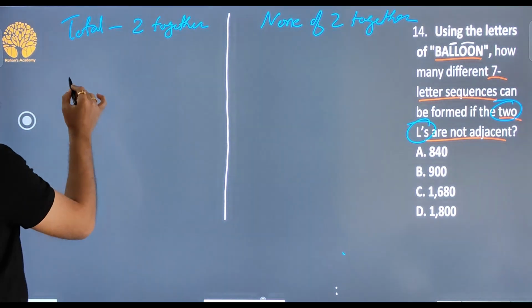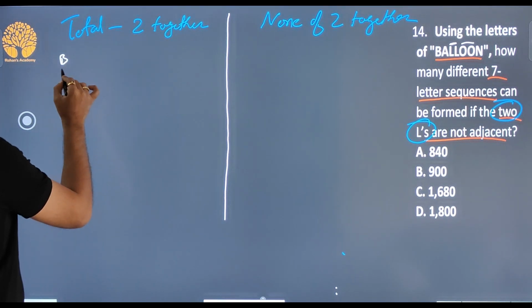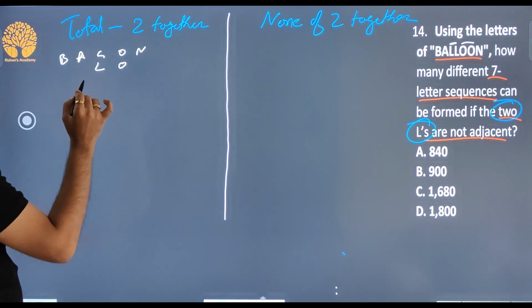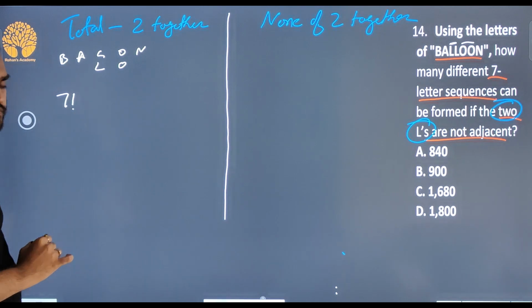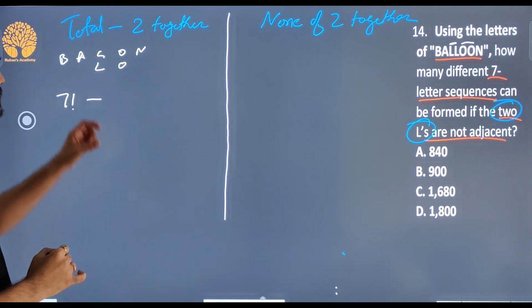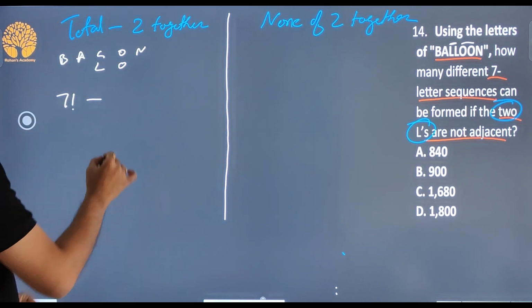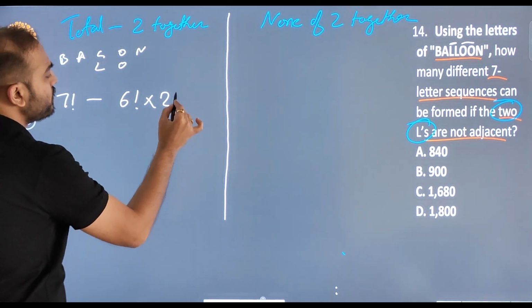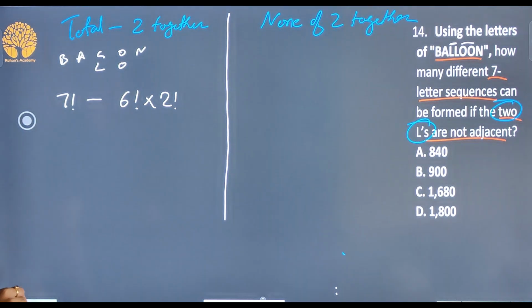I have B, A, L, L, O, O, N. I have 7 letters. Total cases will be 7 factorial minus the cases when the 2 L's are together. If the 2 L's are together, I'll combine them into 1 and solve. That is 6 factorial times 2 factorial.